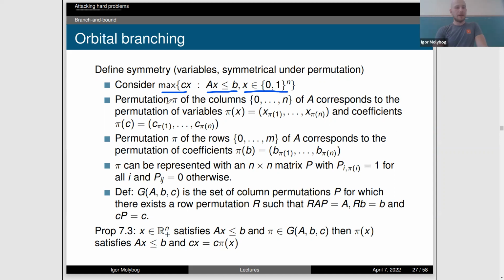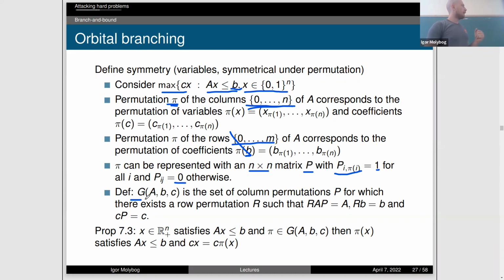A permutation pi, like every permutation, can be represented with an entry of 1 and all other entries being equal to 0. It's called a permutation matrix.